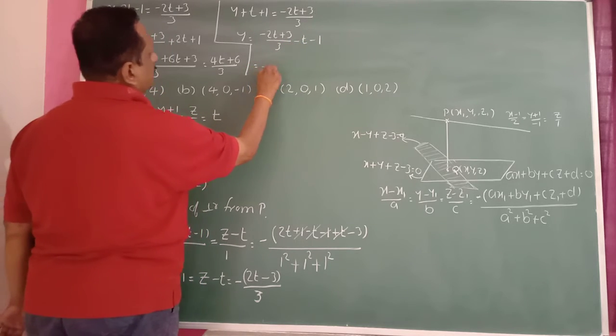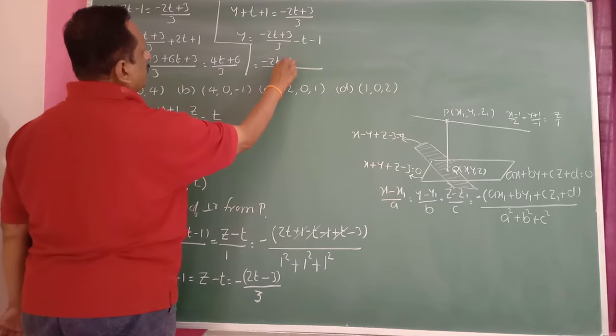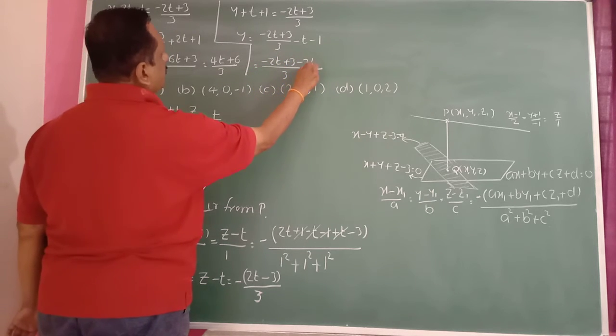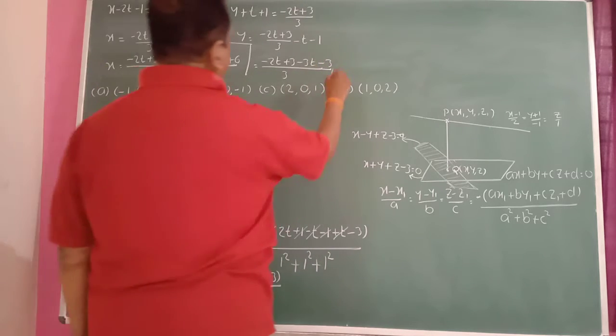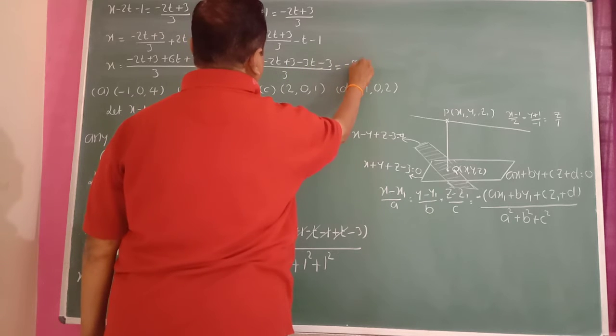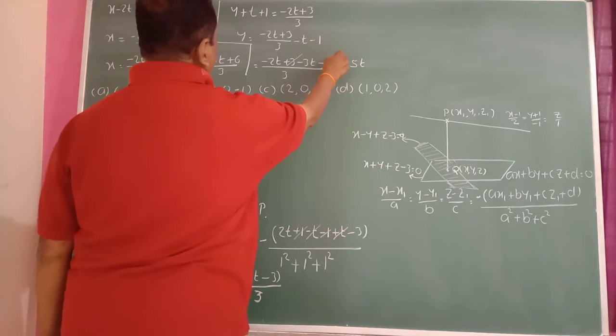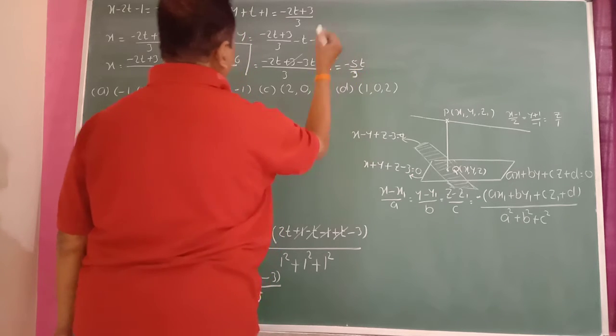Here 3 is the LCM: minus 2t plus 3 minus of 3t minus of 3. Then this is equal to minus 2t minus 3t is minus of 5t, plus 3 minus 3 cancels, divided by 3.